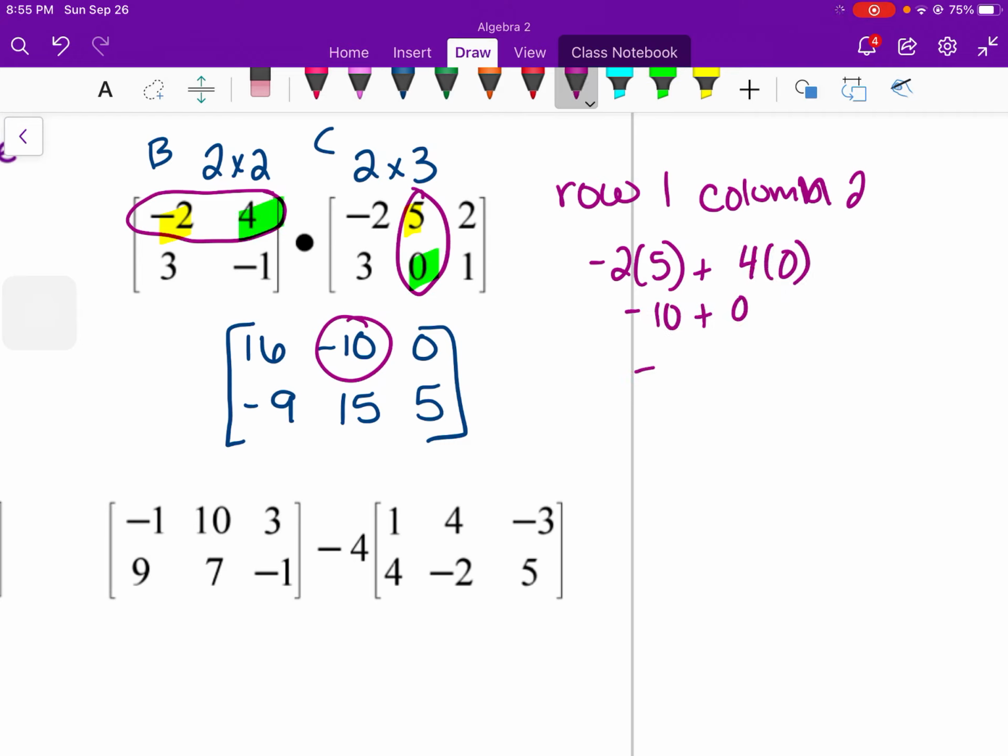And so I get -10 plus 0, which is -10. So I want you to give me the answer, and you can do that all by hand, or you use your time wisely. You can use your calculator, and then put row 1, column 2, and then show me the work for it.